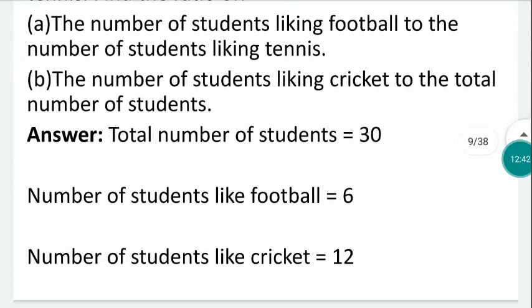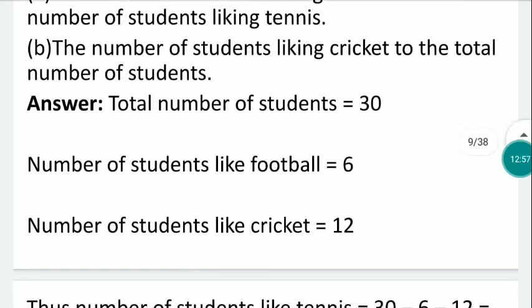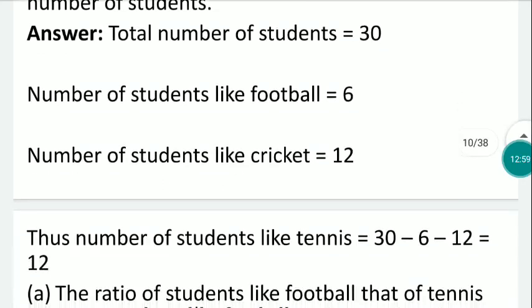So total number of students are 30. Number of students who like football is equal to 6. Number of students who like cricket is equal to 12. And remaining students like tennis. So for the remaining students, we have to subtract these from 30.